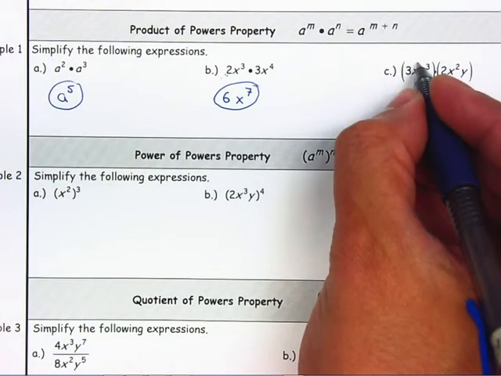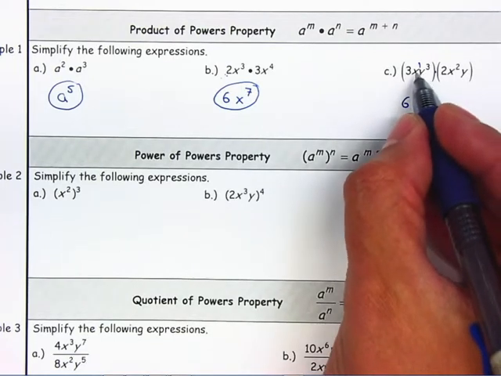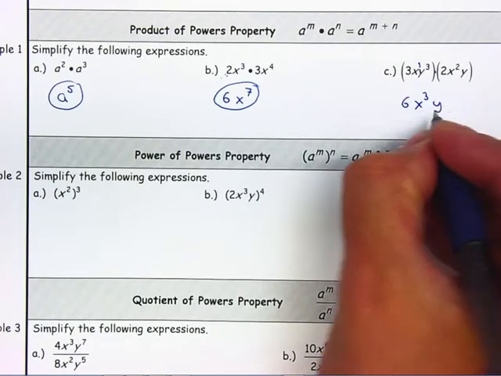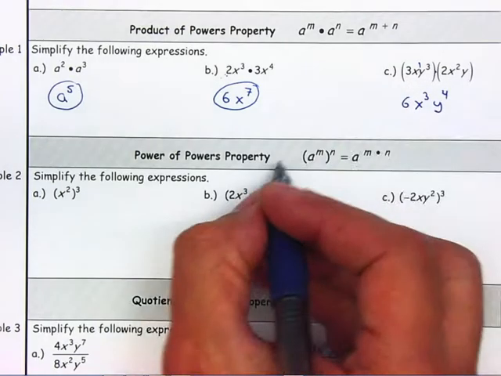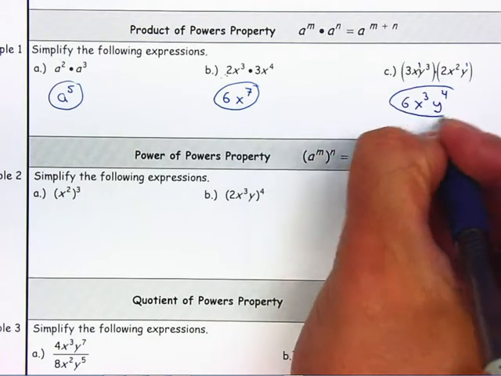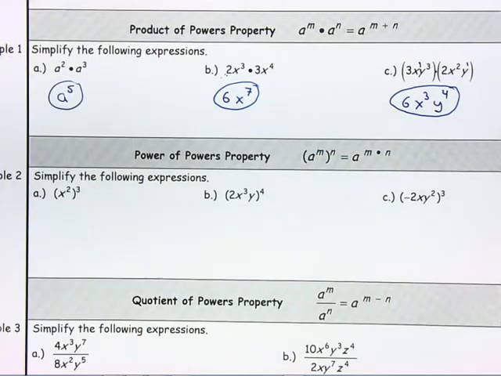Remember, if it doesn't have an exponent, automatically say 1. So we count this as 1x and 2 more is a total of 3. Y's: we have 3 and 1 more is a total of 4. And if you want to place the exponent, it will be 1. And that'll be my answer. That is the product property of exponents.